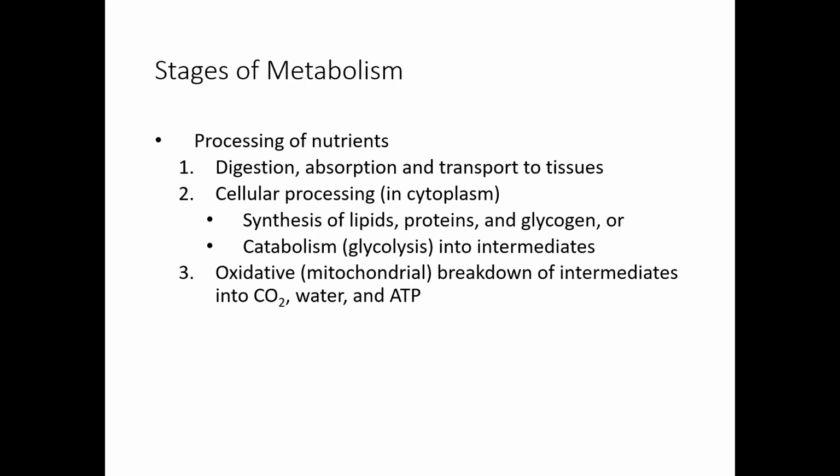We take the fatty acids and the monoglycerides and we make triglycerides again. We take the amino acids and we make proteins. We also take some of the glucose now and we can oxidize it. We can burn it. We can break it apart and release energy. And the term for that is glycolysis, the lysis, the rupturing of a glucose molecule to release energy.